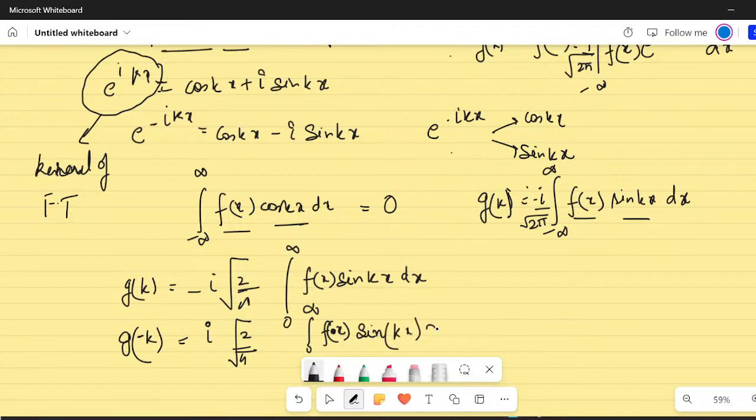So if you compare both of them, you know that your g of minus k is simply minus g of k. So if your f of x is an odd function, then the Fourier transform is also an odd function. This is something that you should remember.